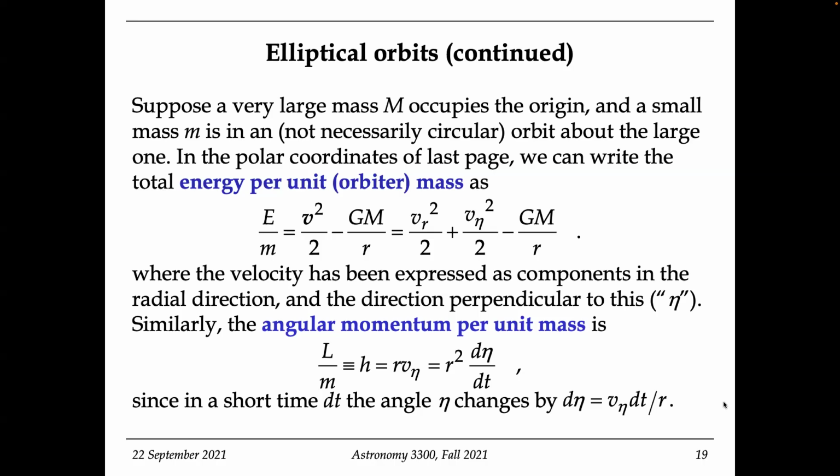If I were to write L for the very first time, and I don't think about orbits, how would you write L? R cross P. R cross P, right? What is P again?